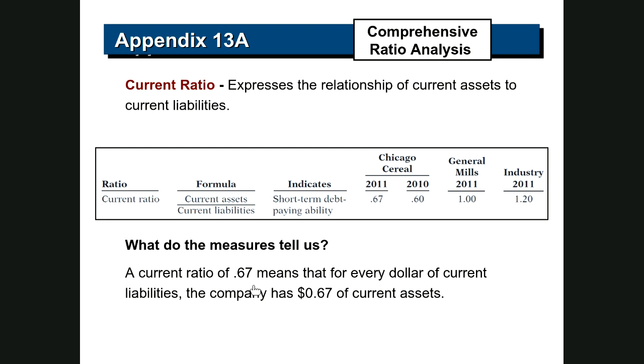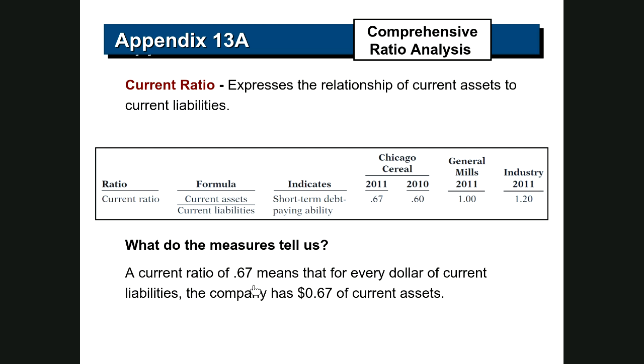Yes, current assets. What is the current liabilities? Right. This is 67.1% or 0.67. That is where this number is coming from. You see that 0.67, right? This is the same as 67%.